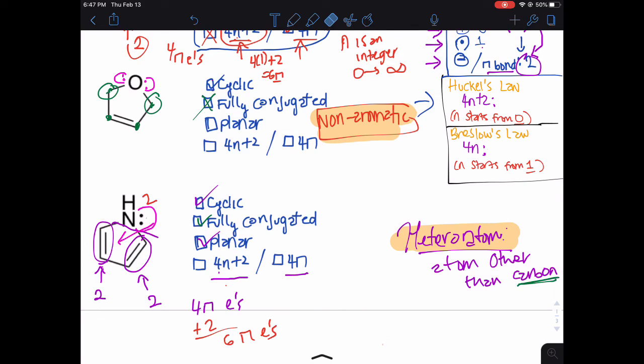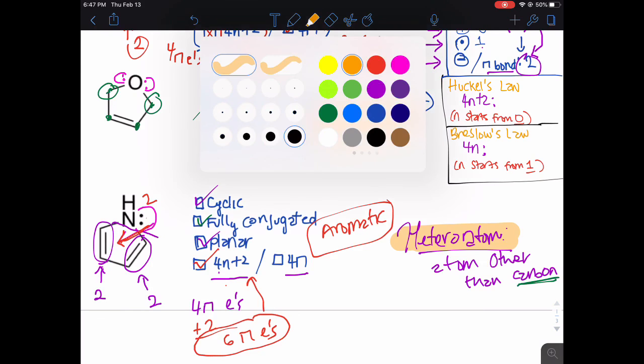Since the 6 pi electrons follow the 4n plus 2, and we only get this if nitrogen donates its electrons, we'll go with that and say that this structure is aromatic. So from that, you should keep in mind that a heteroatom will only donate its electrons if it helps the structure be aromatic. But if it doesn't help the structure be aromatic, it wouldn't donate its electrons.